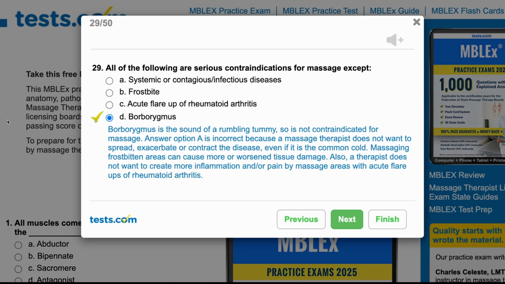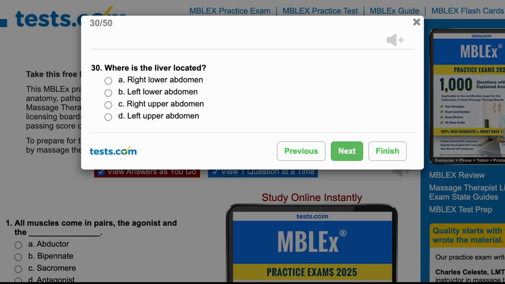Answer option A is incorrect because a massage therapist does not want to spread, exacerbate, or contract the disease, even if it is a common cold. Massaging frostbitten areas can cause more or worsen tissue damage. Also, a therapist does not want to create more inflammation and/or pain by massaging areas with acute flare-ups of rheumatoid arthritis.